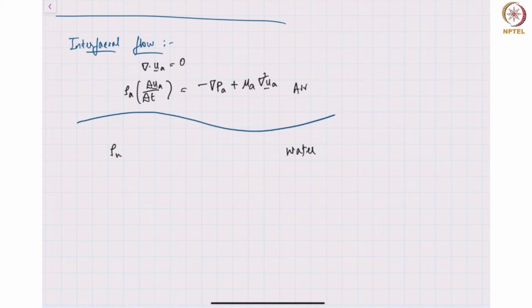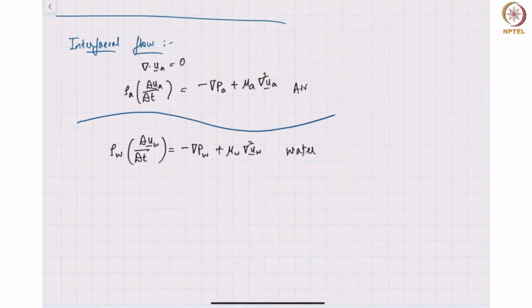Similarly, for water, I have the same equations, but now with the subscript W to indicate it's water. The pressure gradient term in the water, plus I have a viscous term in water.